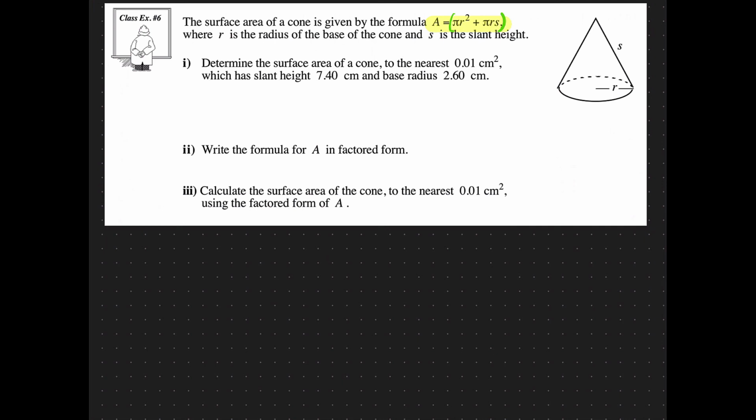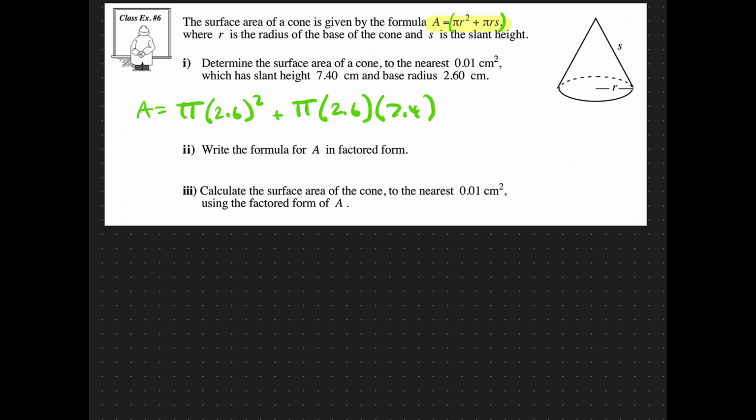So we'll just take our original formula right here, which is area equals pi r squared, which is pi times 2.6 squared, plus pi times r, which is 2.6, times s, which is 7.4. And now just give me a second.